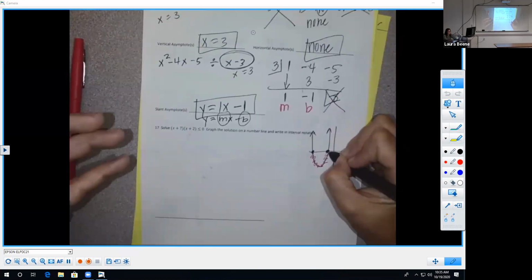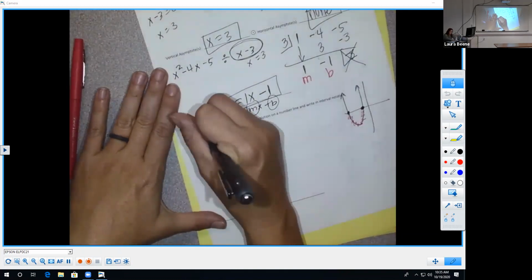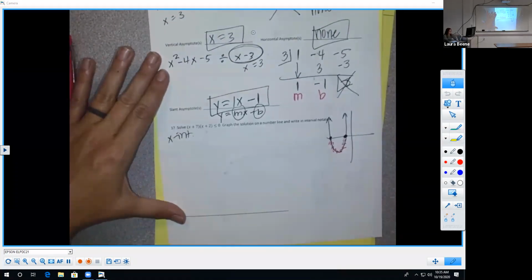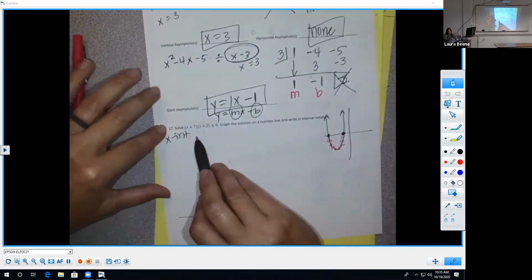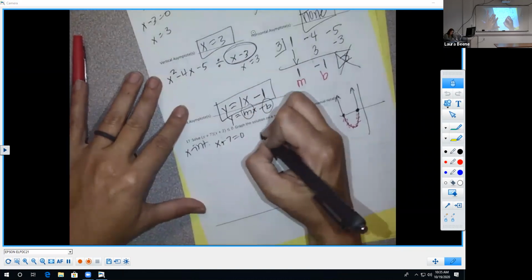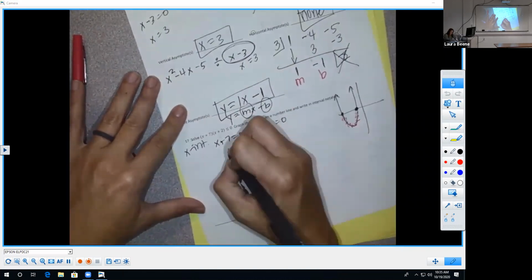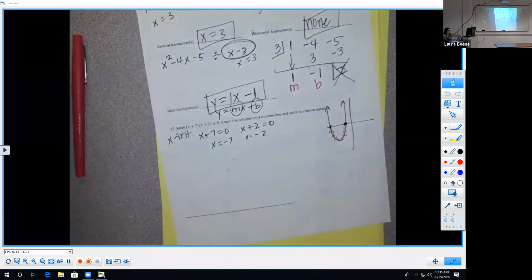That's where the changing point occurs, where it goes through the x-axis. So the first thing we do is find the x-intercepts. This is a nice problem because it's already factored for you. x plus 7 equals 0. x plus 2 equals 0. Solve it, you get -7, -2 for your answers.